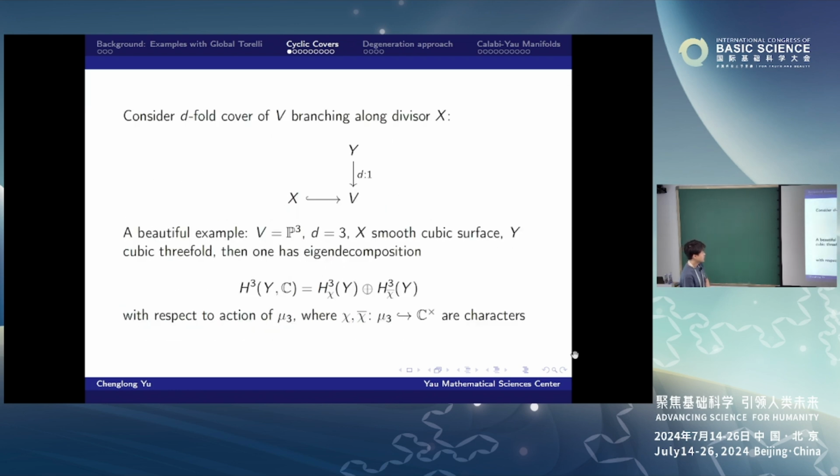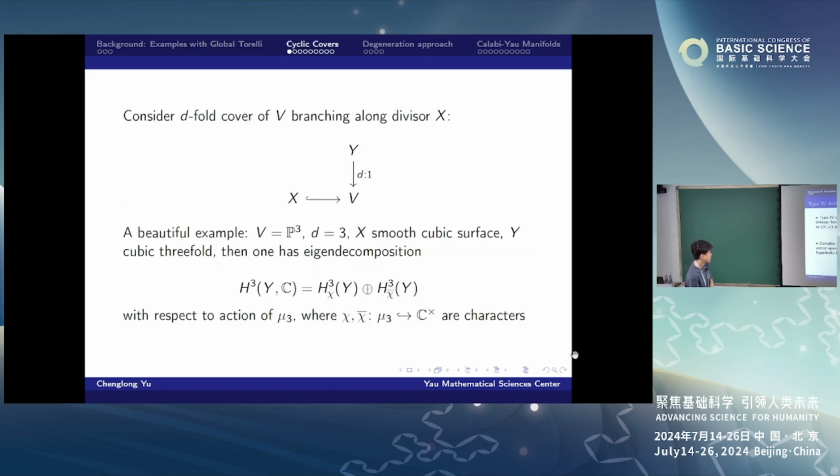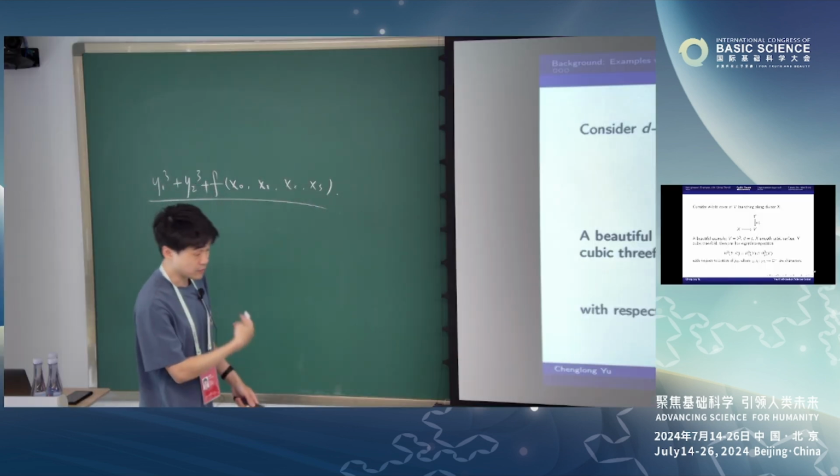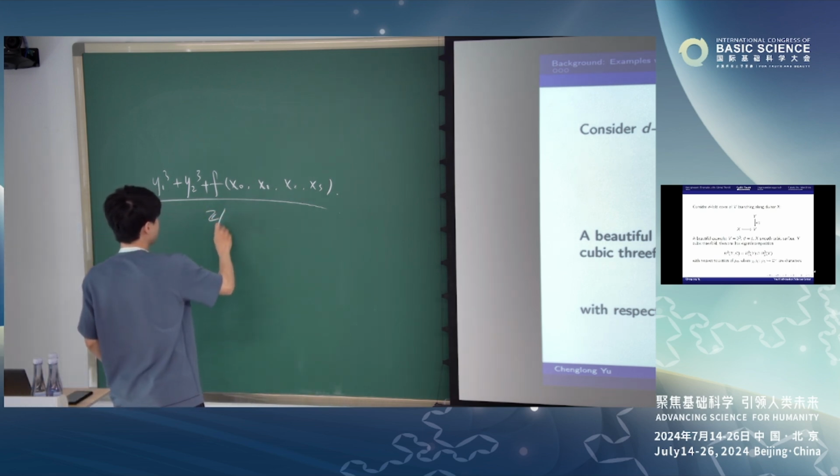And if you consider, for example, a cubic surface, in this case, if you have an equation of a cubic surface, then you can add y1 cube, y2 cube to this equation. This is a cubic fourfold with symmetry. This symmetry will be a cyclic group, a product of cyclic groups.